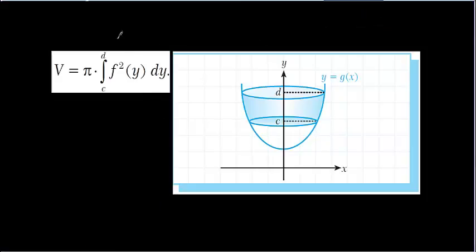Okay, here, when we have rotation around the y-axis, we will get the formula pi times integral of f squared dy. We have to get the function in terms of y.